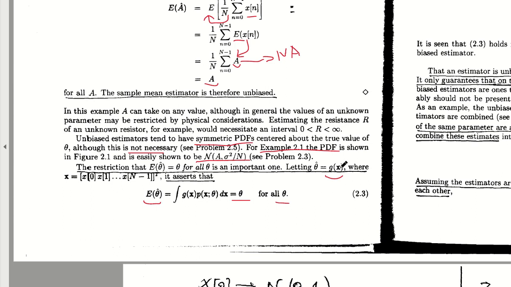So I think this is a critical formula. If you take the expectation, then g of x multiplied by that has to be equal to theta. That's the unbiased estimator.